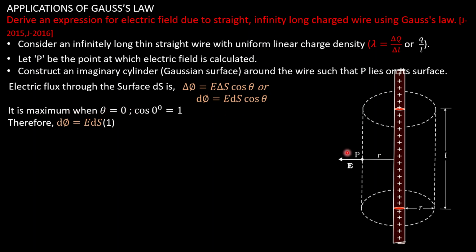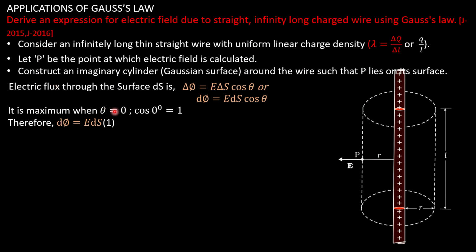I'll just repeat this because it is very important. The area vector for this surface is in this direction, and there is also an electric field line directed in this direction. There are two vectors here. The angle between the electric field direction and the area vector, called theta, is 0.